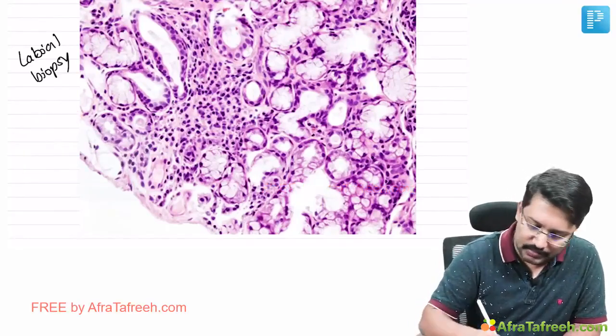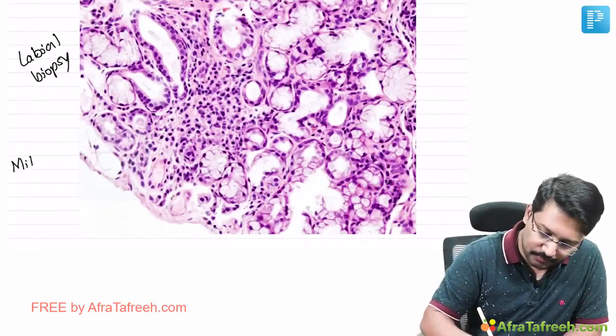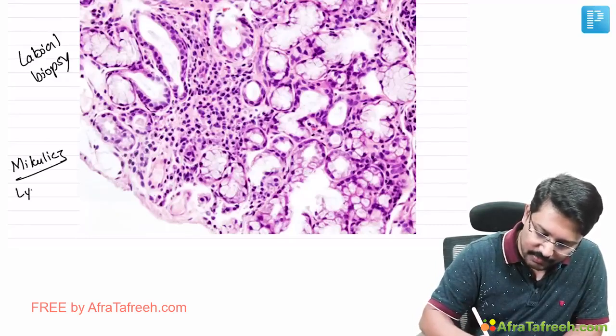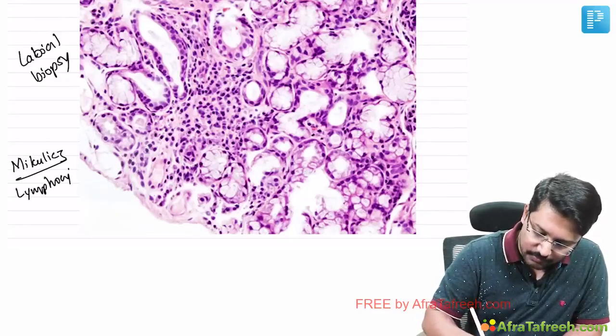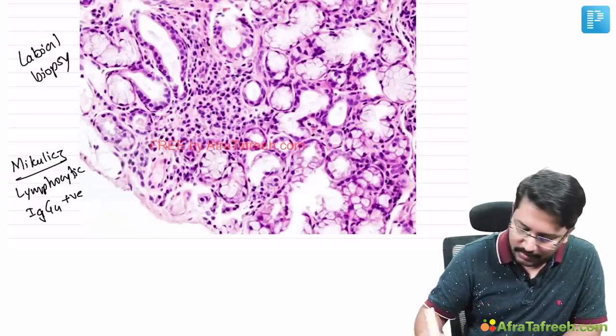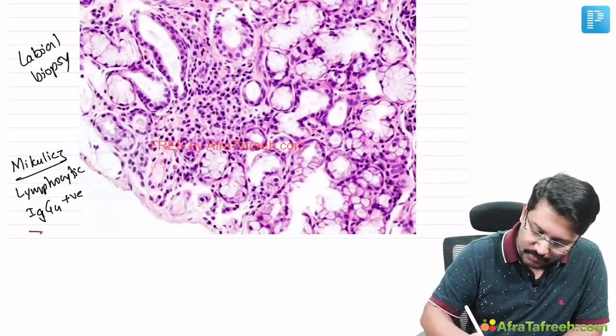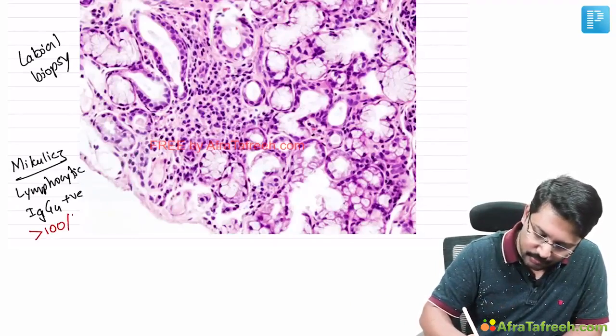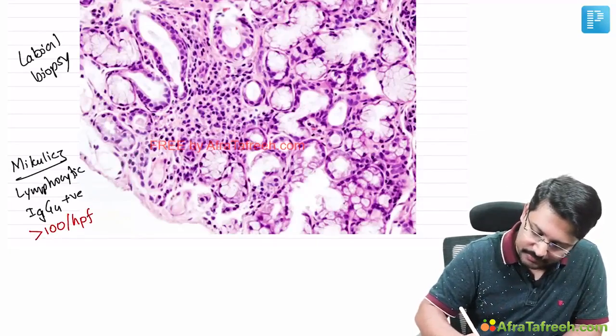So in case of Mikulicz, I want you to remember one particular point. There will be lymphocytic infiltration of IgG4 positive cells, and the cell number is something that I want you to remember, right? So the cells will be more than 100 per high power field.